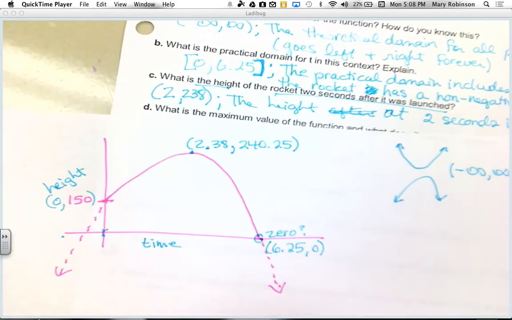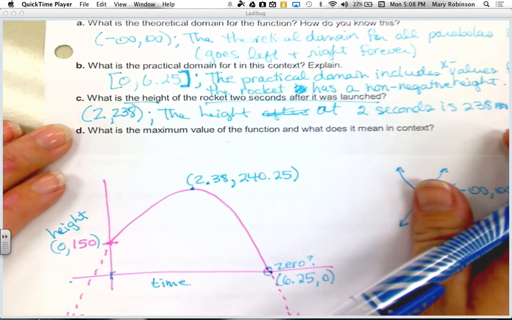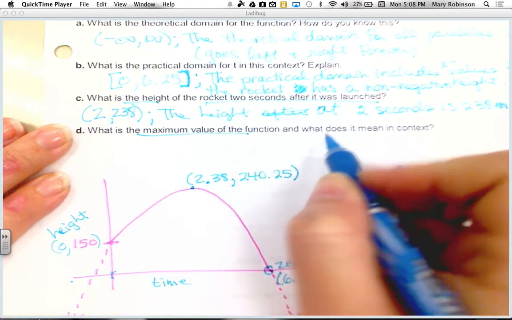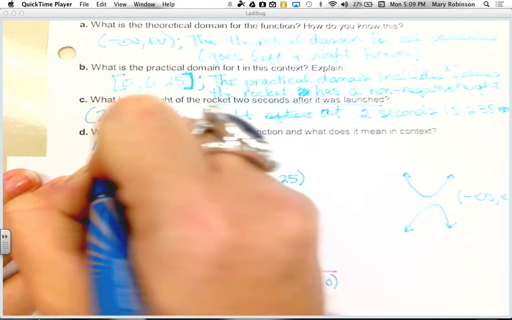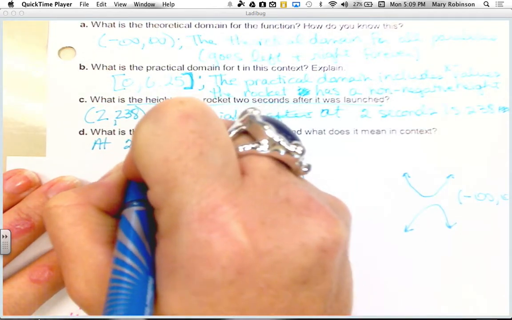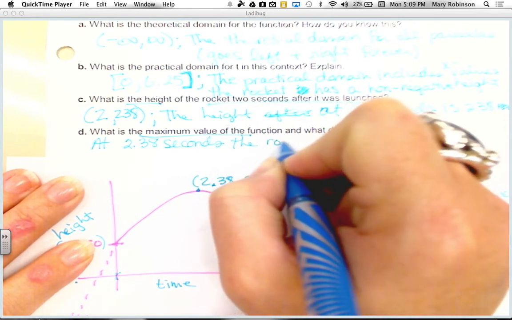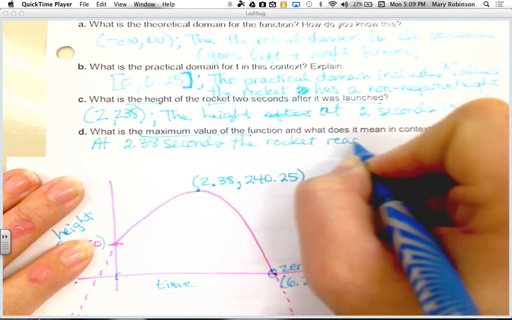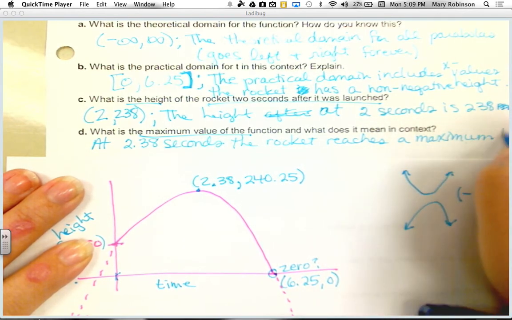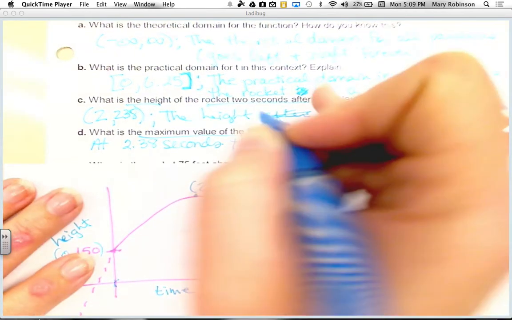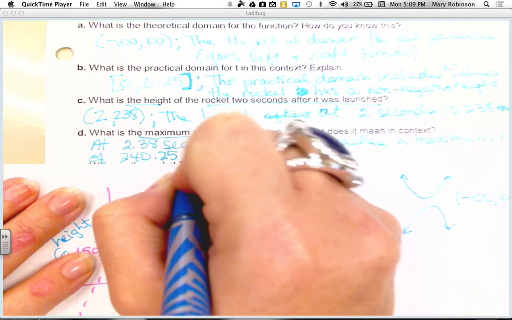Okay, so I've got that on my graph now. But of course, you know me, I'm going to want a statement. So I would just translate this here, using your points. I would say, at 2.38 seconds, the rocket reaches a maximum height of 240.25 feet.